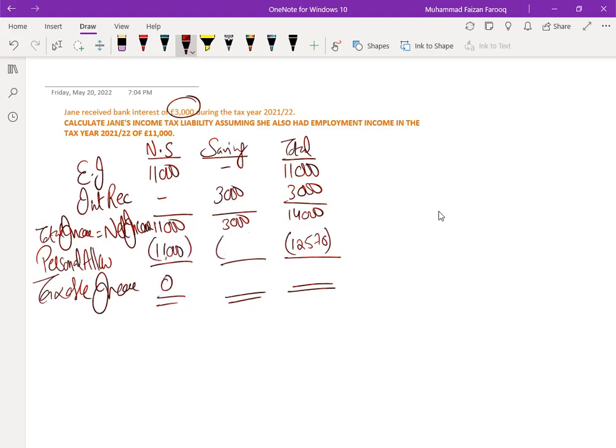And how much from savings? 1,000. So we will be left with taxable income of 2,000 in savings, and here the total is also the same.